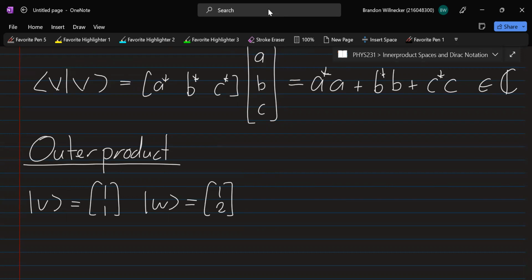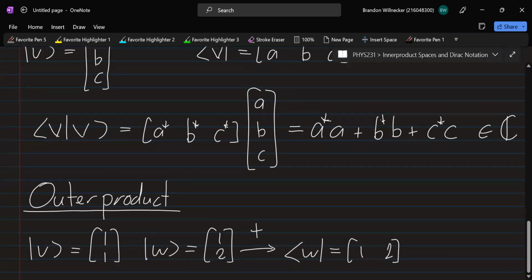So let's take this W ket and convert it into a W bra using the dagger operation. As we constructed before, the column vector becomes a row vector and the entries become complex conjugated. But since they're real, they just stay the same. So we have 1, 2.